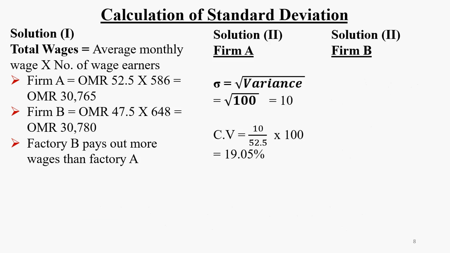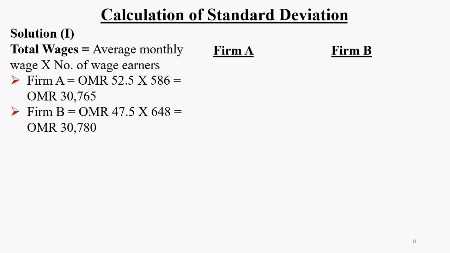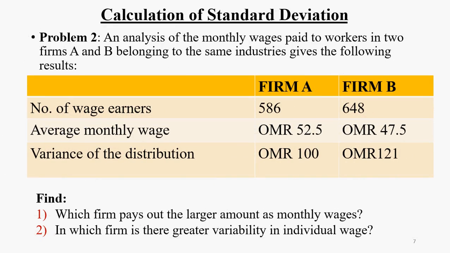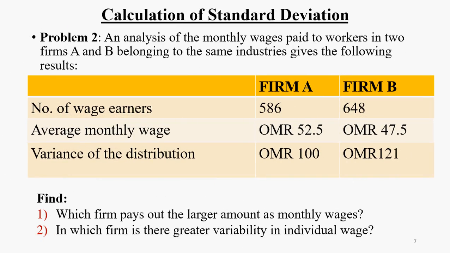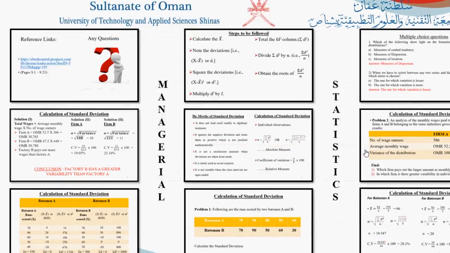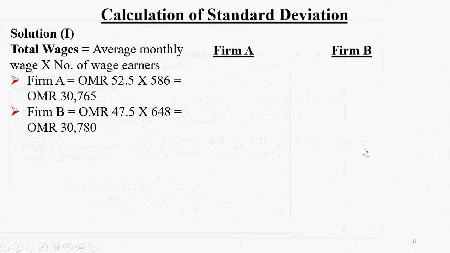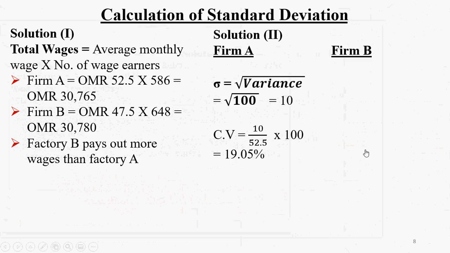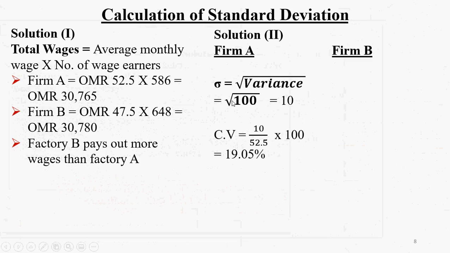So let me roll back and find out in the question. As you can see, the variance of the distribution, can you see here, dear students, the variance here, 100 and 100, already given in the problem. That is why I'm taking directly like this. See here. So this is how we know how to calculate total wage and write the comment. See, this is the 100 from the question.